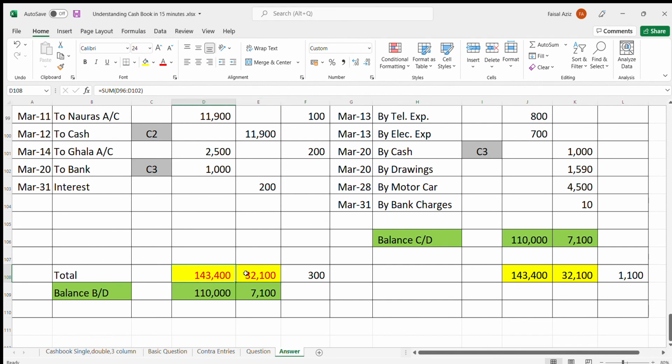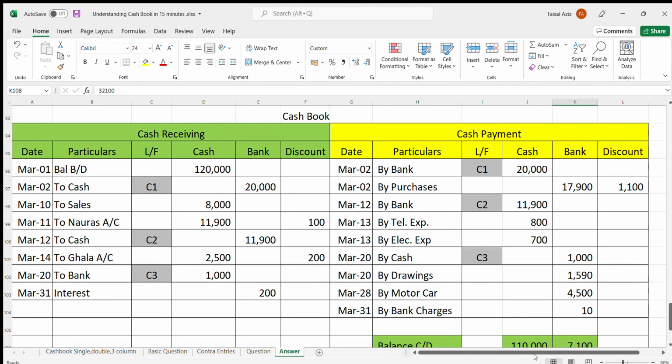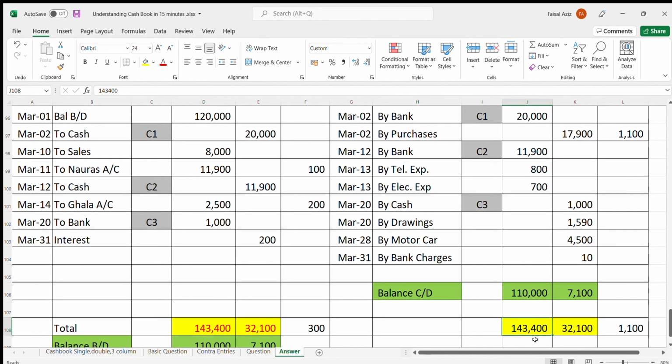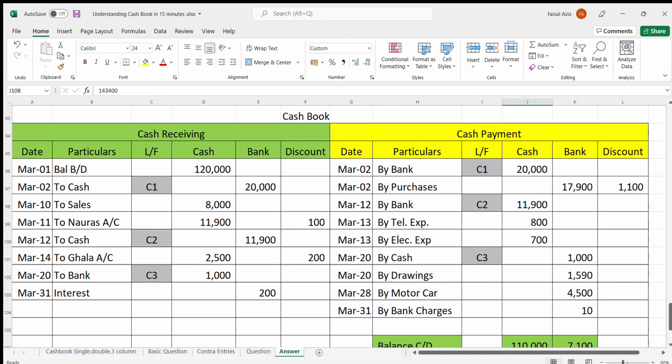I will transfer these two sum totals on the right side under cash and bank, meaning in total we received $143,400, and in cash we were having this much cash, and these are the cash payments which we have paid.